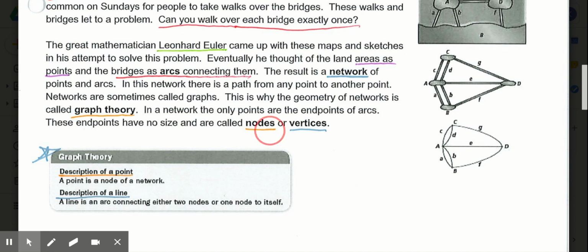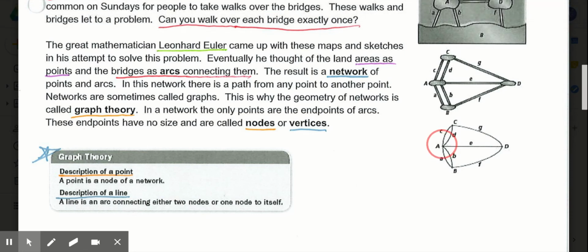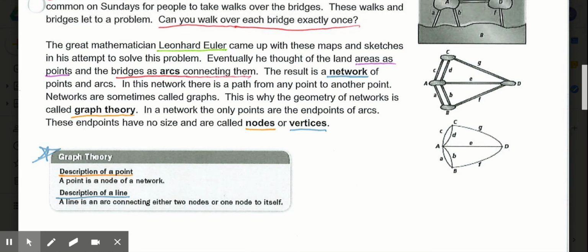Typically in graph theory, more commonly, they are called nodes. So we have arcs, which are all of our line segments, curved or straight, and nodes, which are our points or vertices. And the nodes are always endpoints of the arcs.